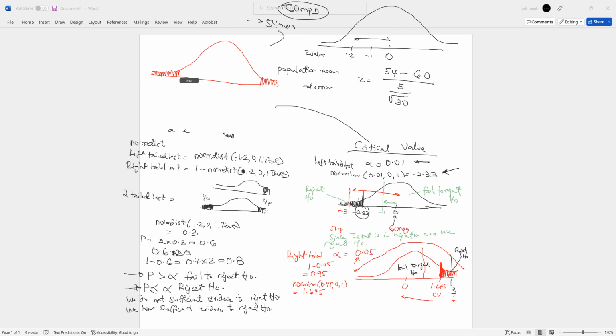So what happens if we have a two-tailed test? Well, for a two-tailed test, let's assume that the alpha here is 0.05. Now, remember, you got to look at this from a different perspective.